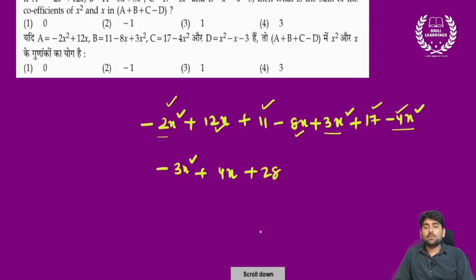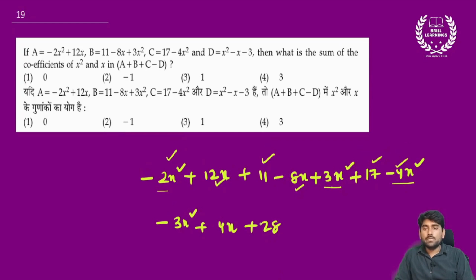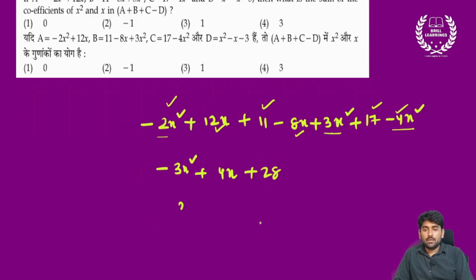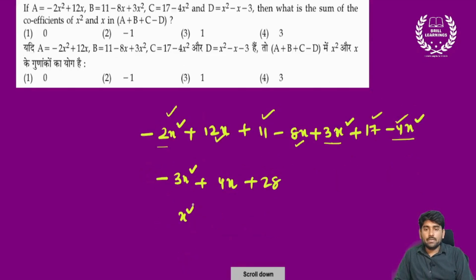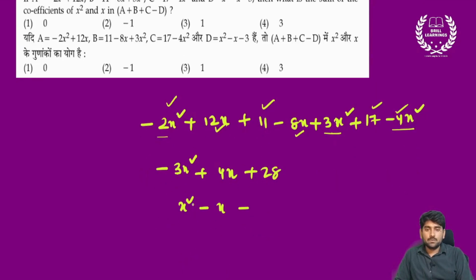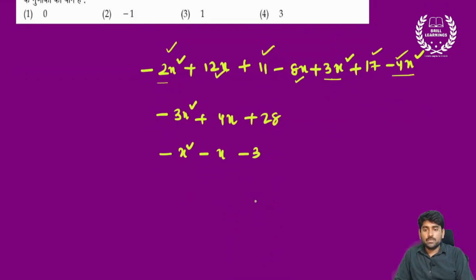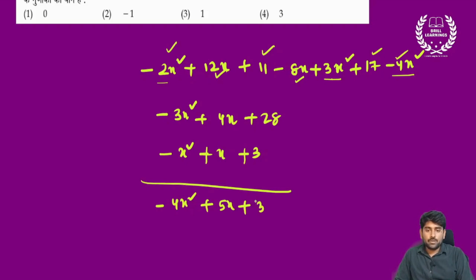Now from this value we need to subtract d value, that is x square minus x minus 3. Change signs here, because I am subtracting. So now the net value: minus 4x square plus 5x plus 31. This is the final expression.